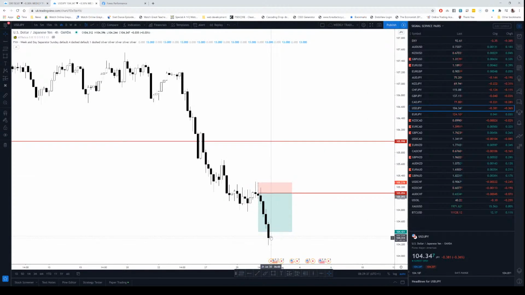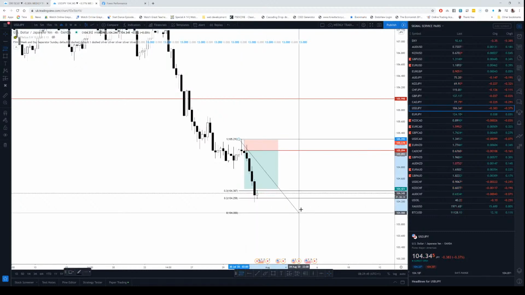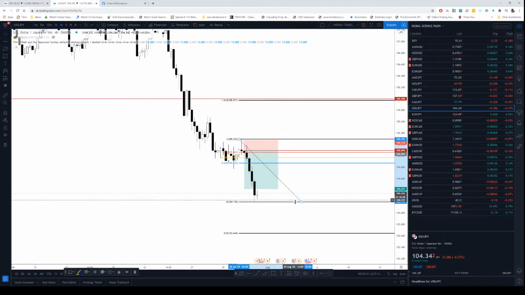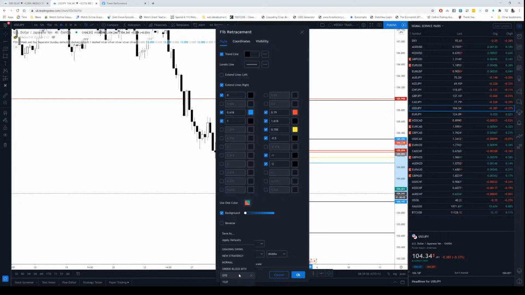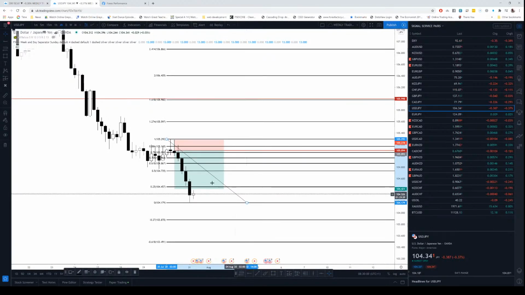So let's say price gives you a retracement back above 50%, then you look for sells in here somewhere.